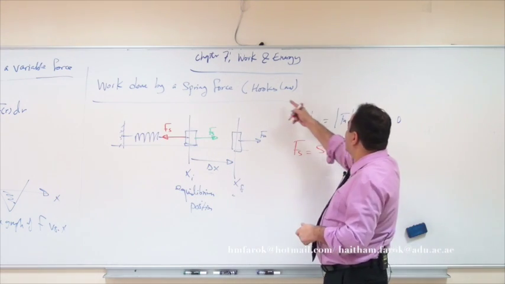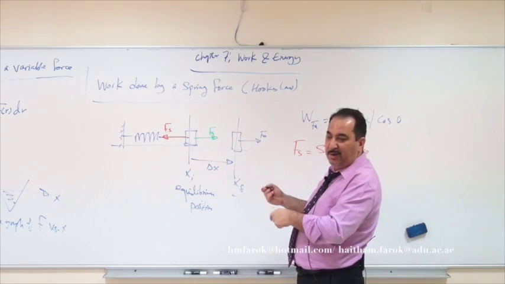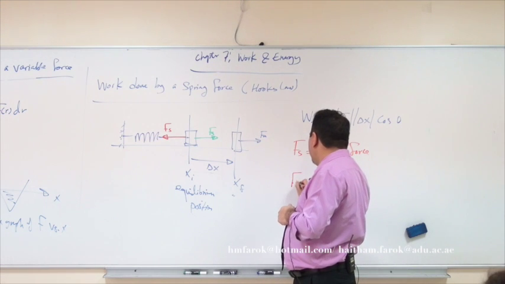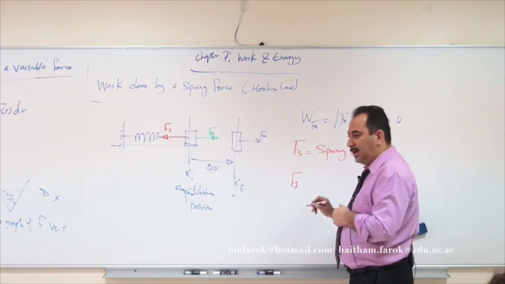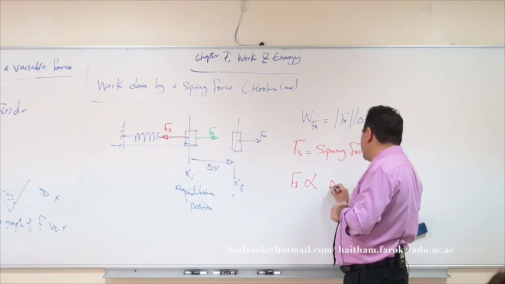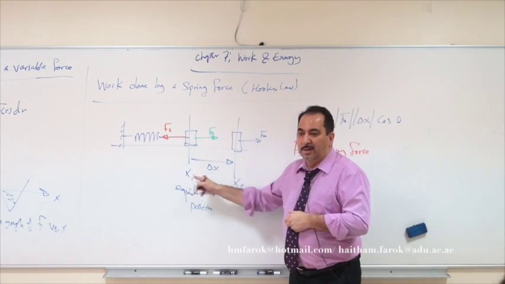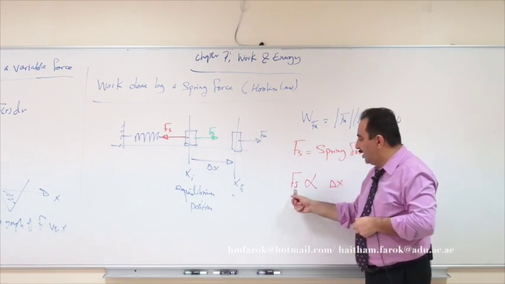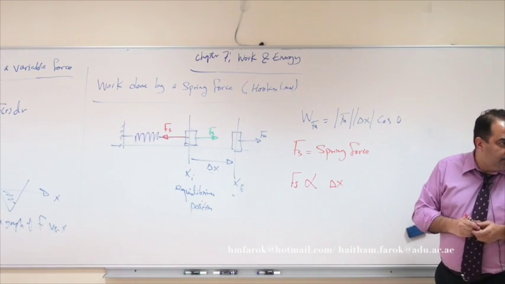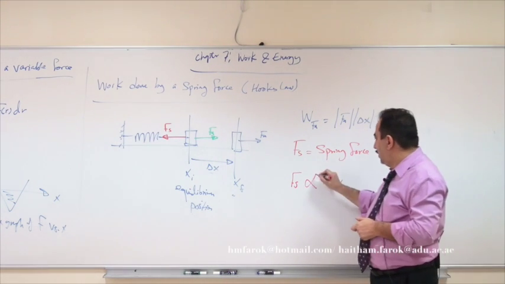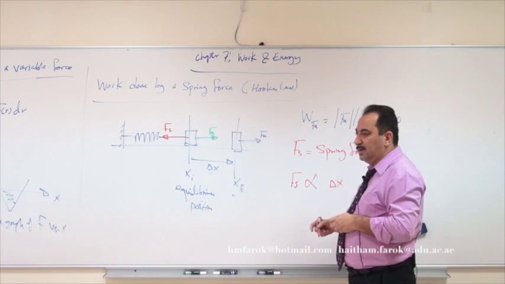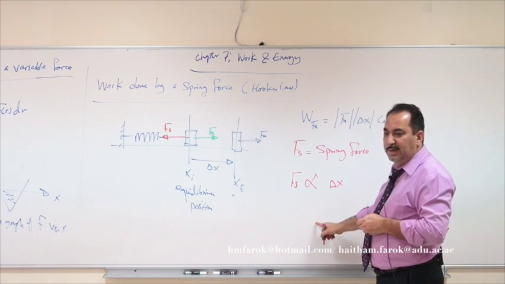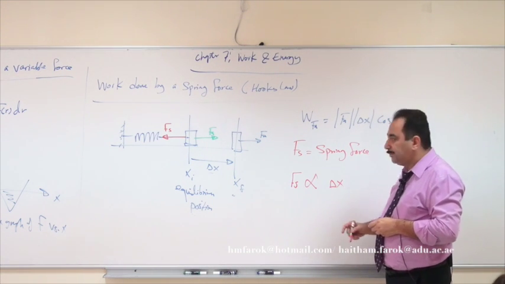Hooke, the scientist Hooke, studied this phenomenon, and he found that the spring force is directly proportional to the displacement of the spring. The bigger the extension, the higher the spring force. That's what he found. To create an equation, you need a constant.